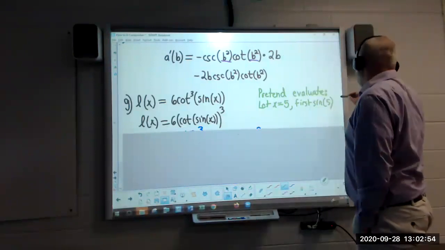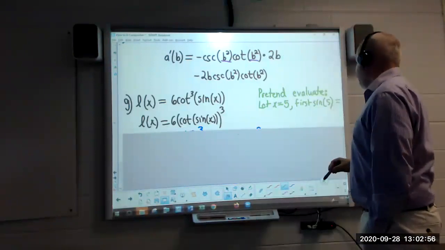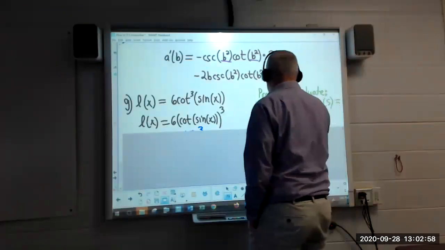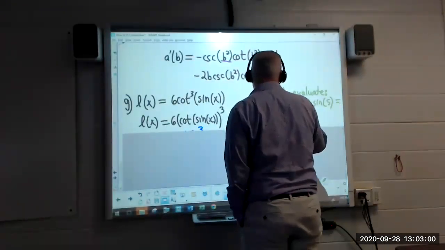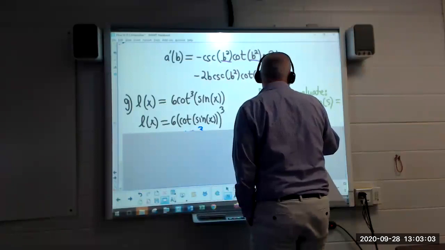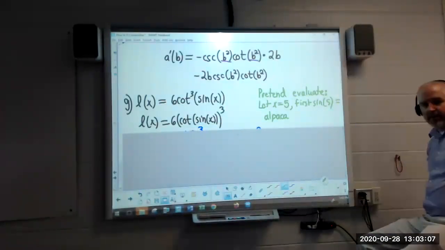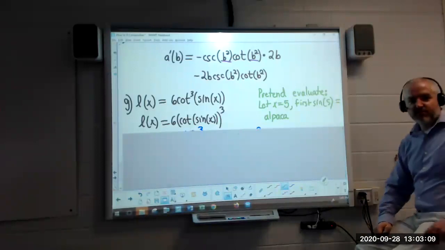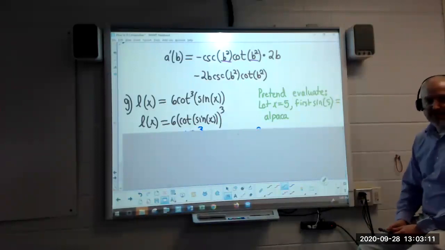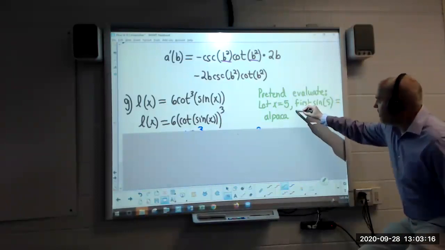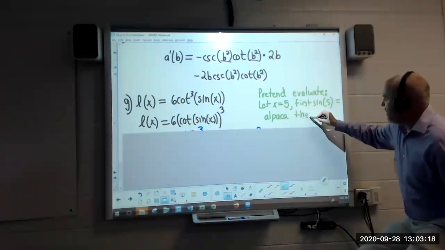So we're not going to worry about what the sine of 5 is, because the sine of 5 radians is some weird number. We're just going to say that it's going to be, I don't know, alpaca. So we don't need to worry about the sine of 5. Okay. So you've done sine of 5. You got your output, which we're just going to call alpaca. What do you do after that? Like, what do you do with alpaca?